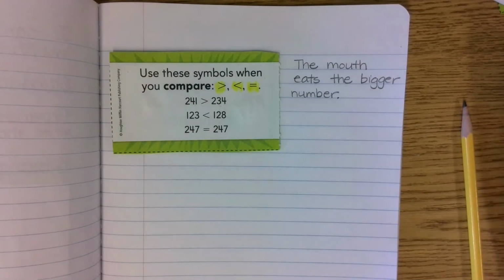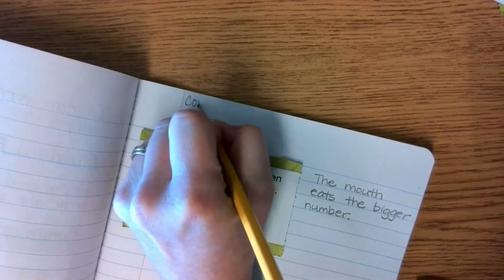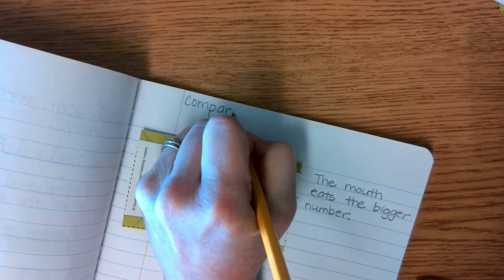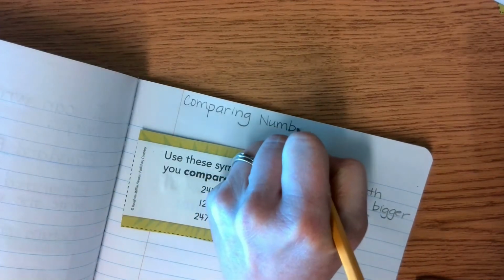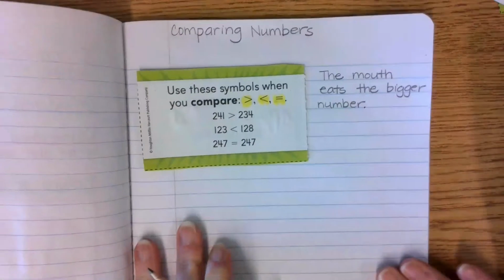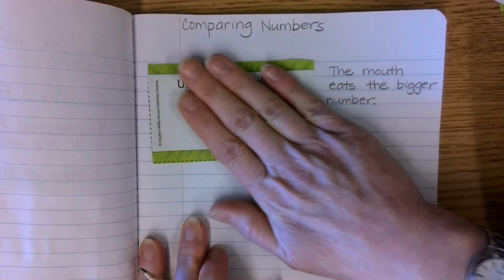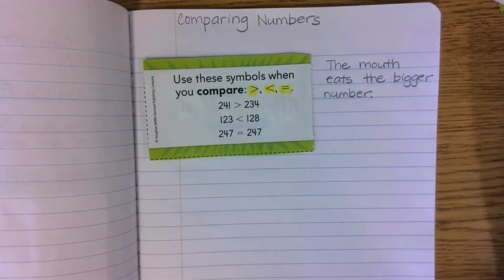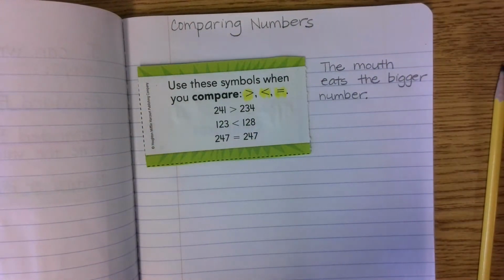But today we're just looking at 3-digit numbers. And at the top, just write comparing numbers. Okay. Go ahead and hit pause if you need to. They're going to be closing the school here quickly. So I'm going to have to move pretty fast. They're going to come and lock up the school and tell me I have to leave.